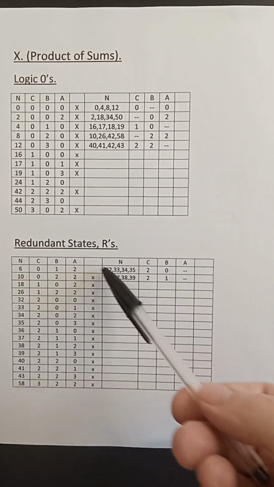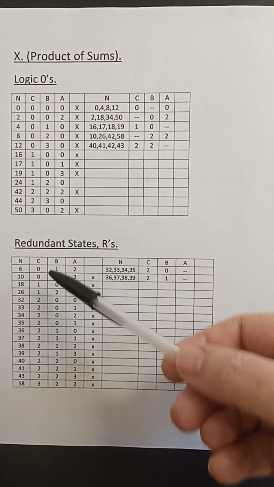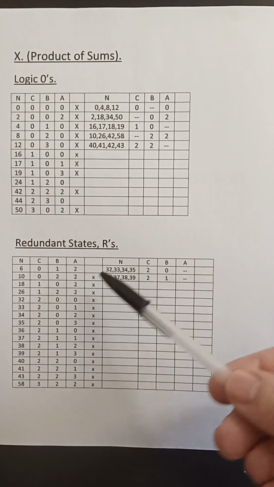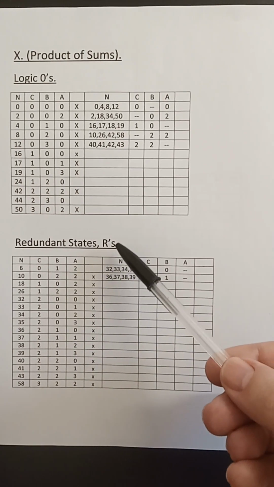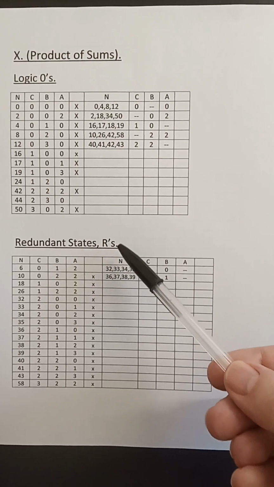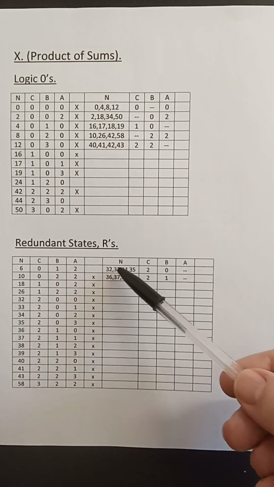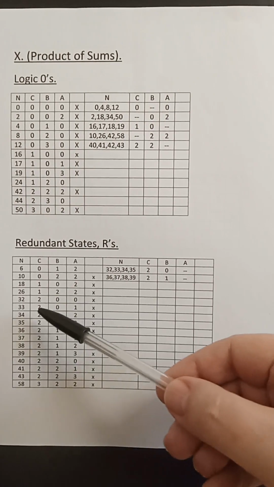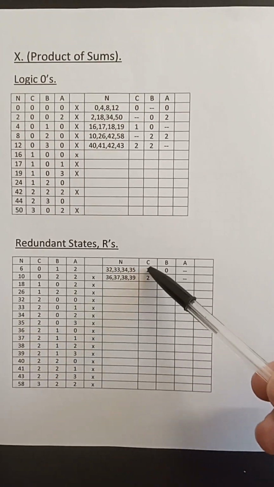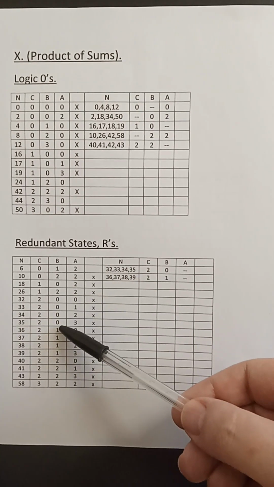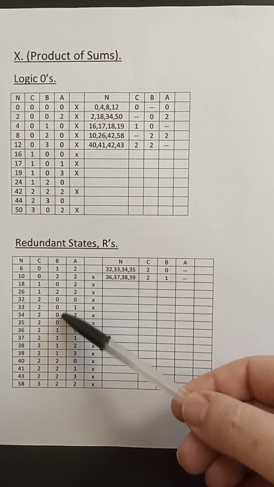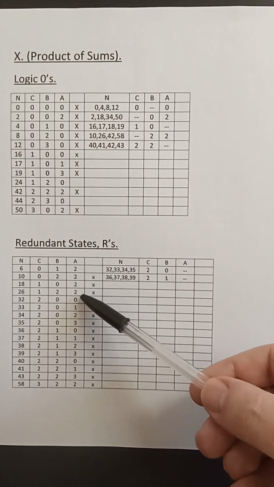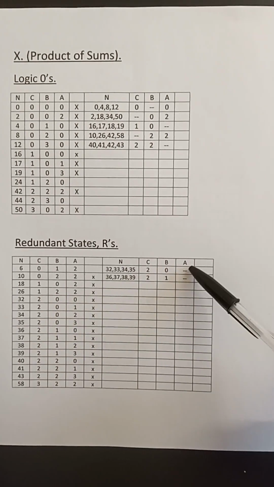These are the redundant states, the r's. So there again, it's 32, 30. This is the same table as before for the r's because it's the same one for x and y with regard to r's. So 32, 33, 34, 35 is here. c is a 2, b is a 0, and a cancels out to 0, 1, 2 and 3, so it is a dash.